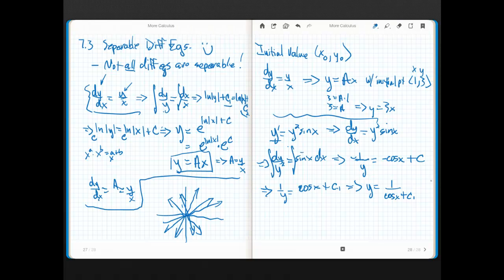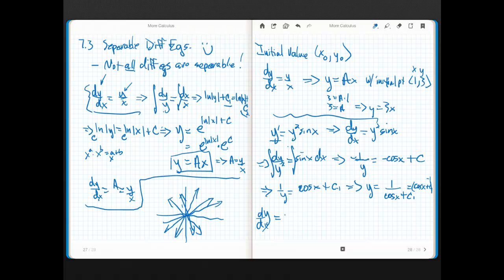It's easy. Give me a point, I'm golden. Now, wait, let's check one more time. I know you guys hate this, but let's check. If y equals 1 over cos x plus some c, let's take a derivative of it. Let's figure out what dy over dx is, and let's make sure it's a solution. You know me, I could be lying to you. It wouldn't be the first time. I'm just kidding. This is cos x plus c1 to the negative 1, right?